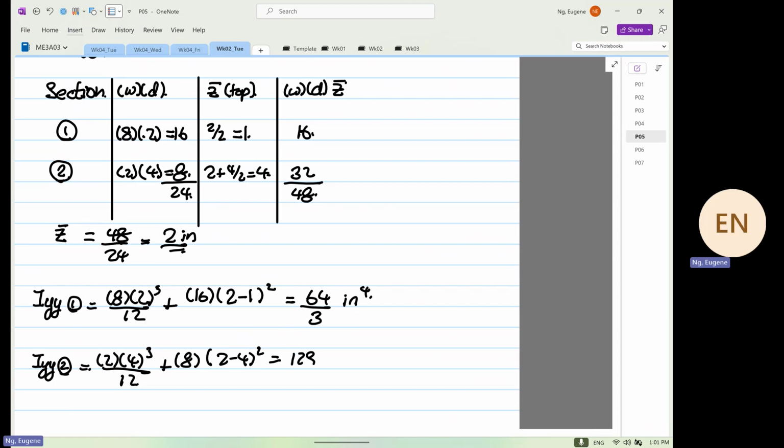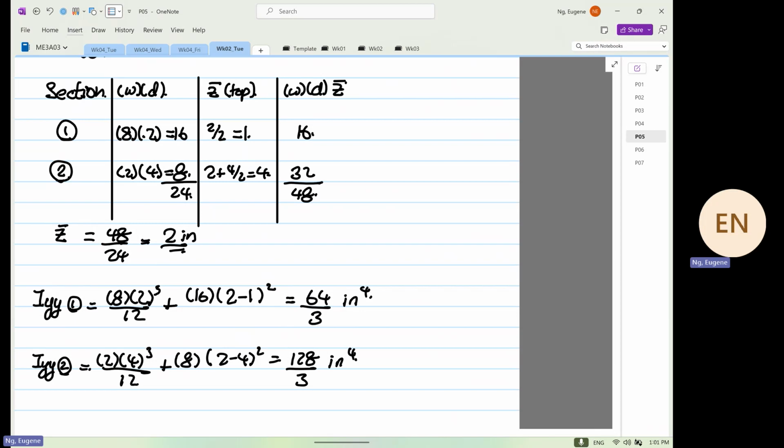That is 128 over 3 inch to the power 4. I don't know whether it's correct. I'm going to check now. Yes, it's correct. So what I've done, we can do this without looking at what?